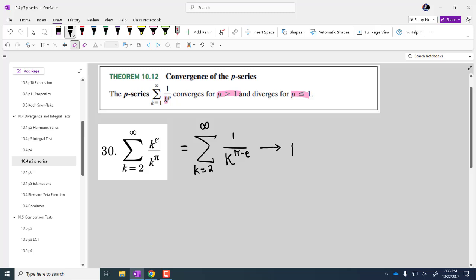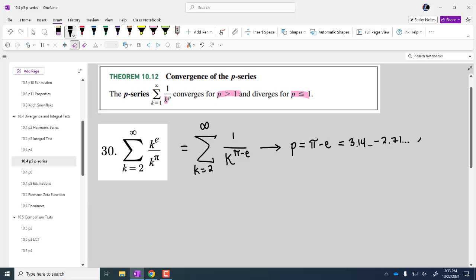Here's how you show you know it's a P series. You write P equals and you identify P. And is that bigger than 1 or less than 1? If this is about 3.14 minus 2.71, is that bigger than 1 or less than 1?